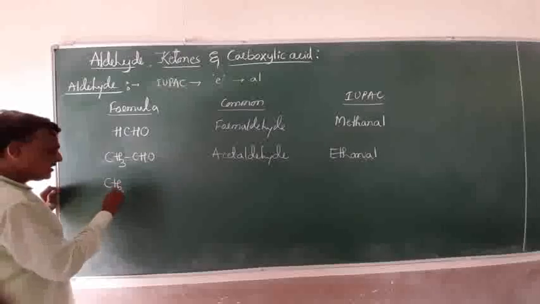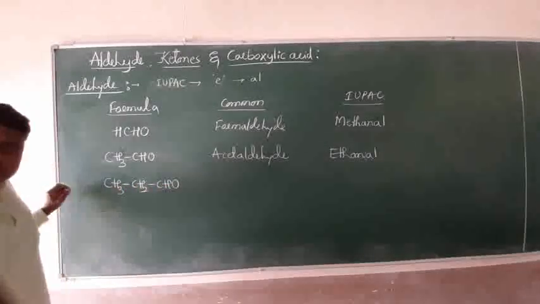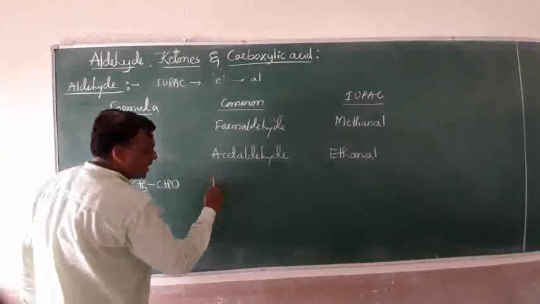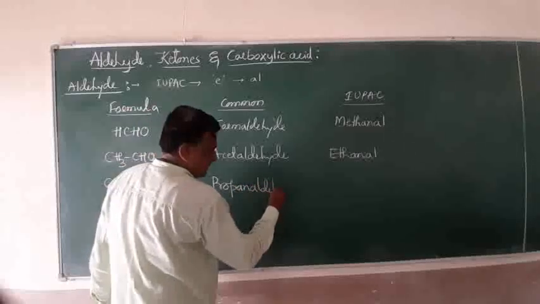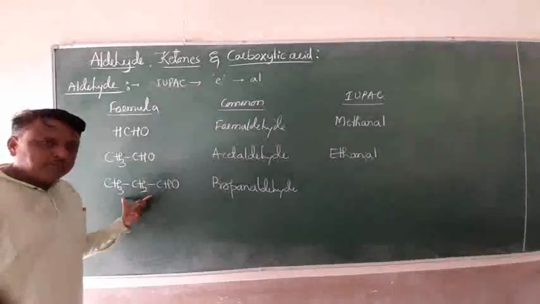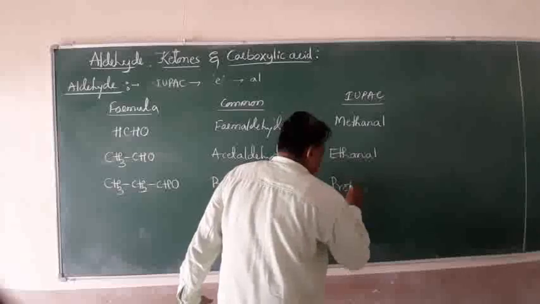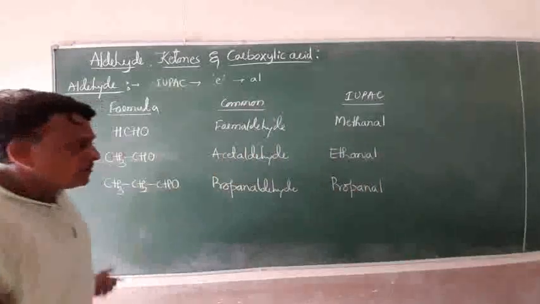Similarly, we gradually increase the carbon: CH3CH2CHO. I think all of you know it is derived from propionic acid, so propionaldehyde. Can you agree with me? It contains 3 carbons, propane is replaced, and now the term is propanal.